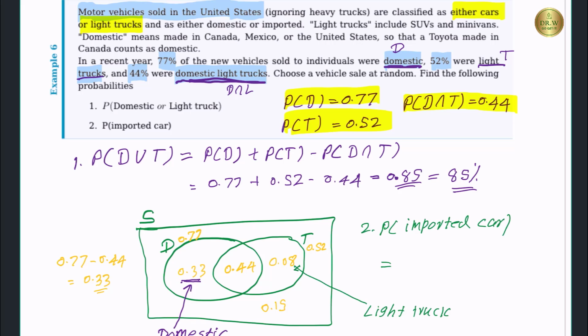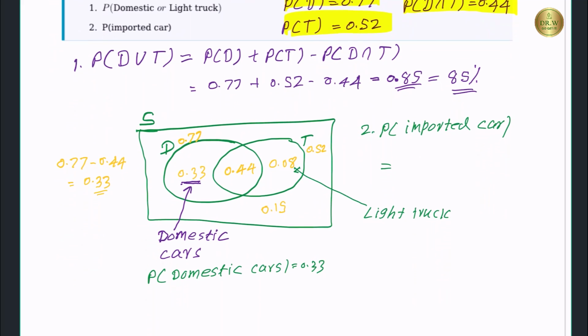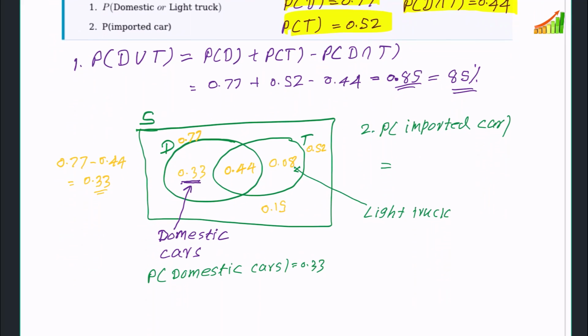You see here, domestic or imported. We classify that there are two groups, domestic or imported. That means if it is not domestic, that should be what? Imported. Therefore, this point 08 is probability of imported light truck. Imported light truck equal 0.08.